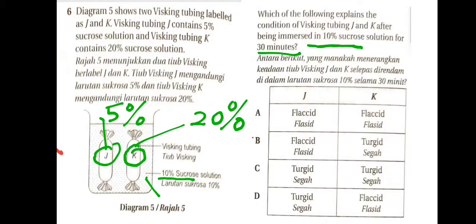So we know that 5% here is the most dilute, very dilute, because it only has 5% sucrose. But the 5% has the highest water concentration. The water will move from the higher water concentration to the lower water concentration. So for J, the water will move out of visking tubing J, because the concentration of water inside J is higher compared to outside.